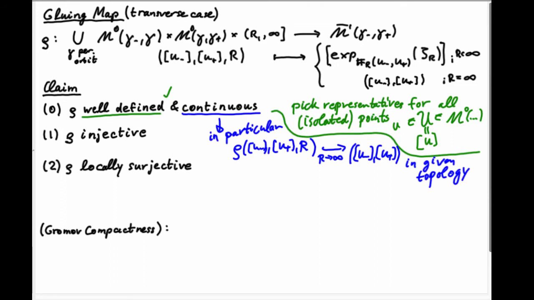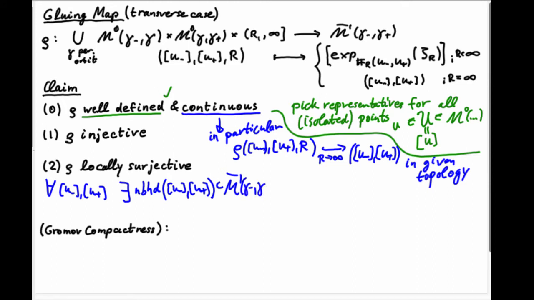So the claim is that for every broken one, there's a neighborhood of it in the moduli space, so that any point in that neighborhood, any equivalence class of curves, is in the image of the gluing map.